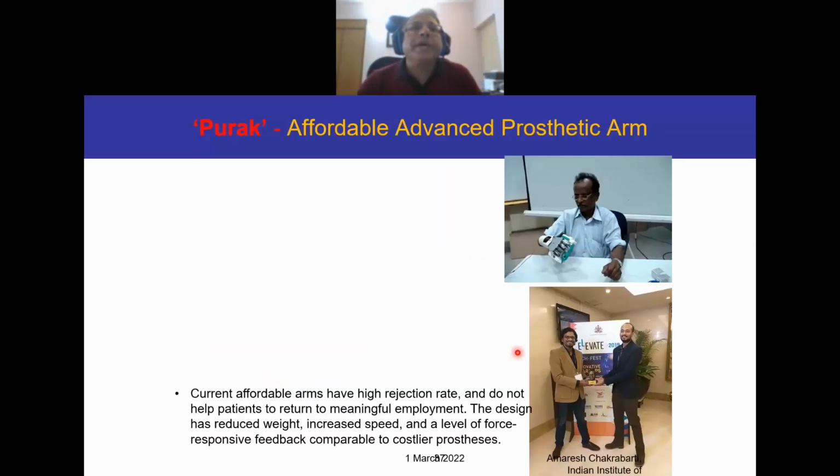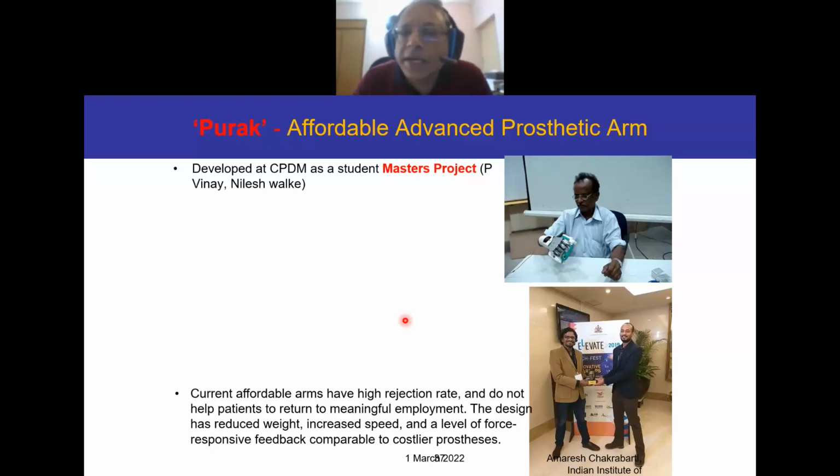This is a prosthetic arm that is again advanced and affordable, that was created by Nilesh and Vinay. You see them at the bottom right corner. And what is the USP of this? And you see Mr. Eknathan, who is sitting on the top, sadly passed away last year in COVID.